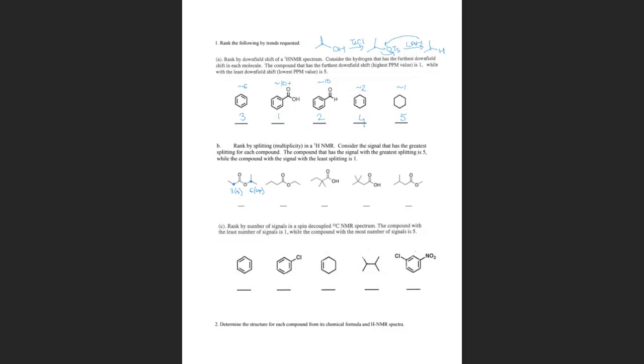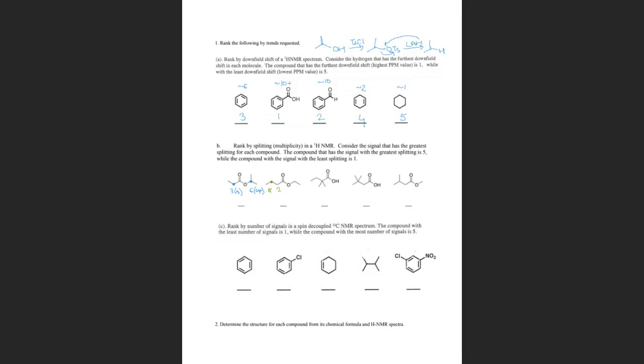What about the second molecule? Do you see a place that might have a lot of neighboring hydrogens? Yes, exactly. This one is next to 3 hydrogens on the left side and 2 hydrogens on the right side.